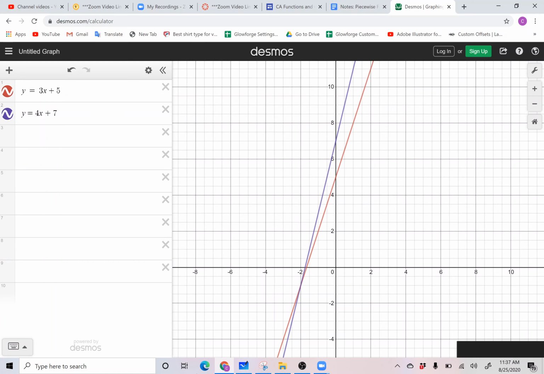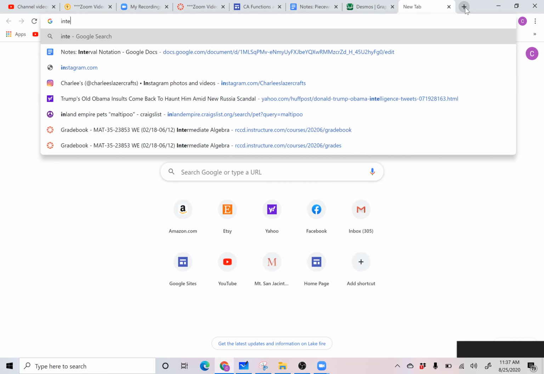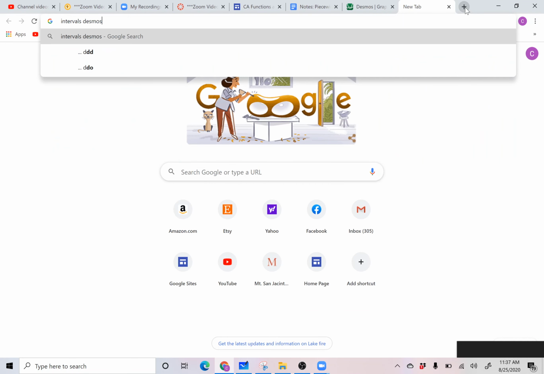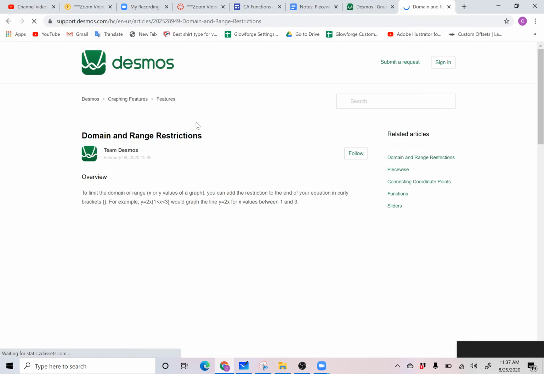Okay, so what you want to see is you don't want to see the purple on the left of this, but you want to see the purple on the right. You don't want to see the red on the right. You want to see the red on the left. I know there's a way to put intervals on here. Let's see. It's brackets.